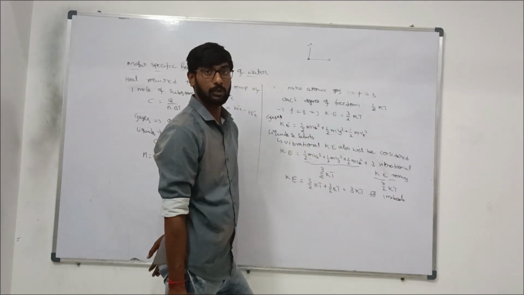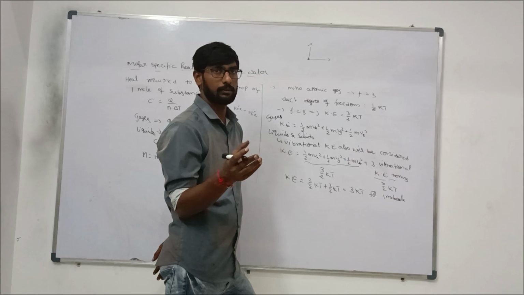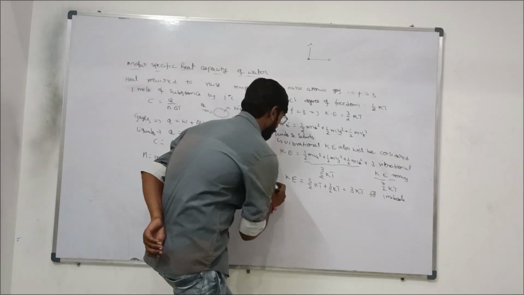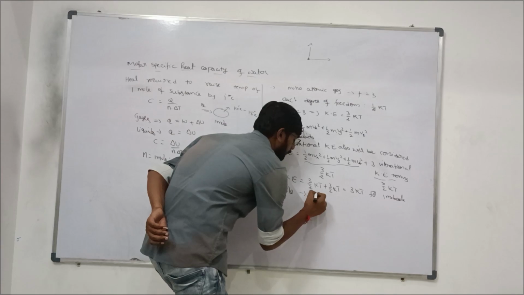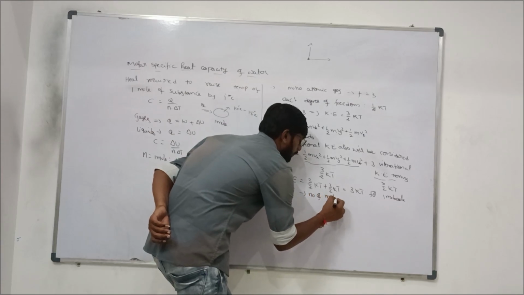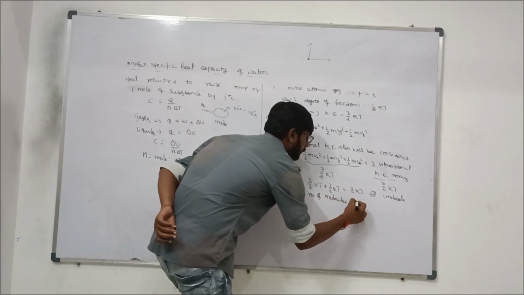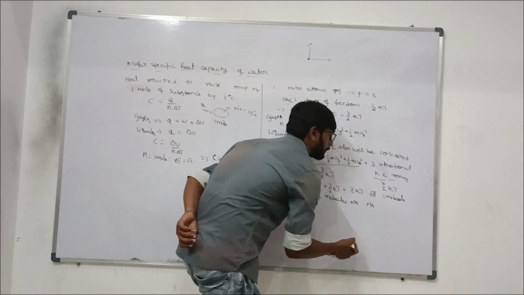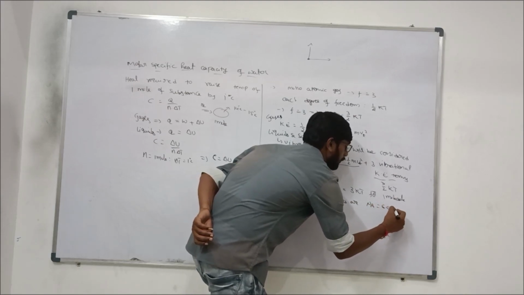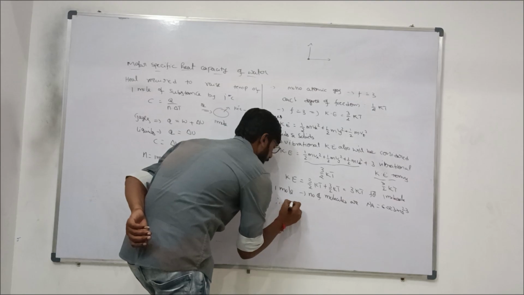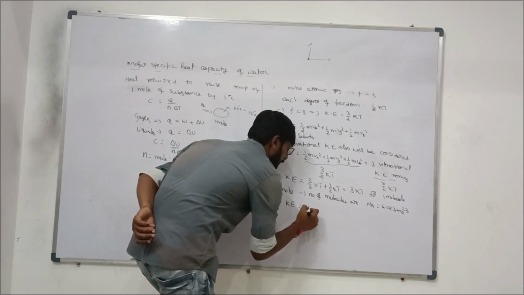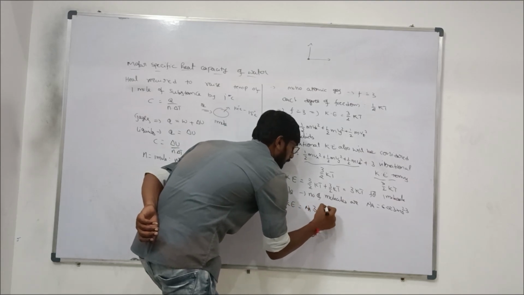But in one mole, how many molecules are there? In one mole, the number of molecules is Na, which is 6.023 into 10 power 23. So the kinetic energy will be Na into 3 kT.